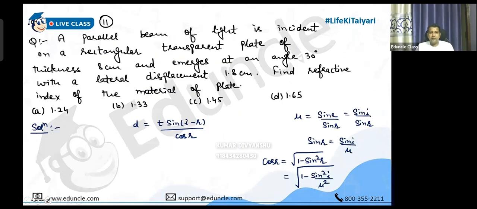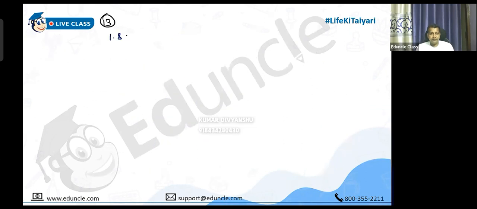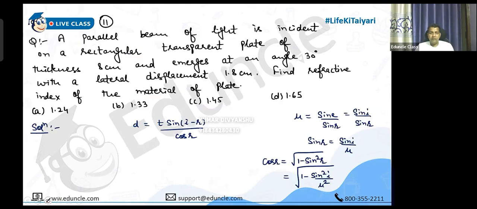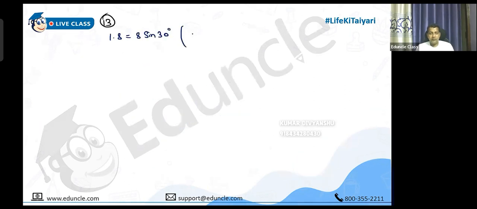What are the values? D is 8 centimeter, I is 30 degree. No, D is 1.8, and T is 8. This is 30 degree. That's it. 1 minus cos I, mu square sin square 30 degree.